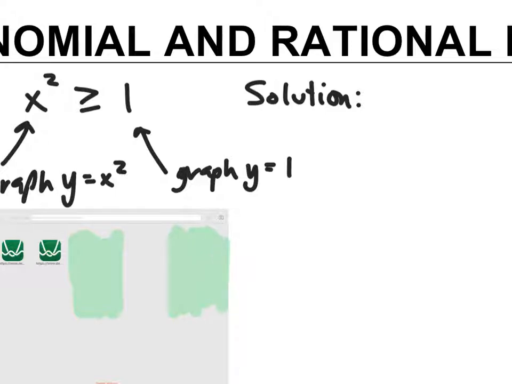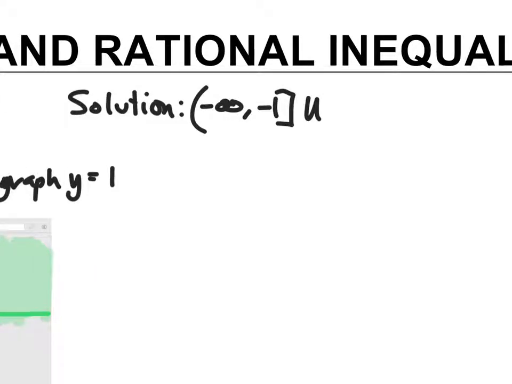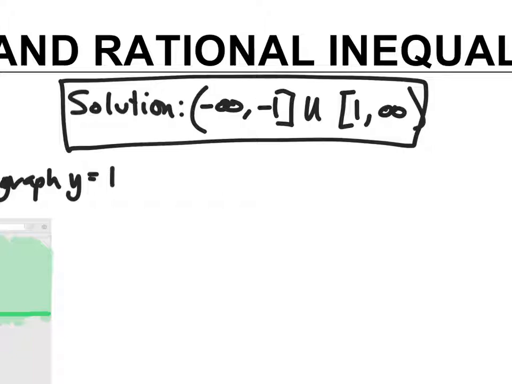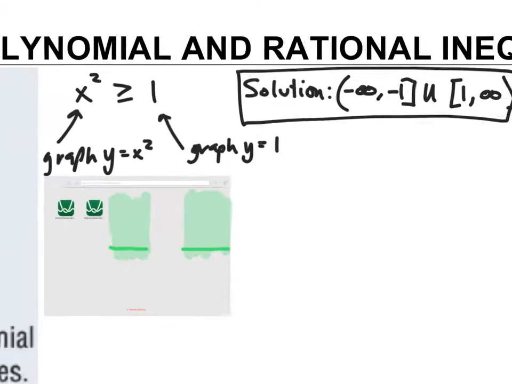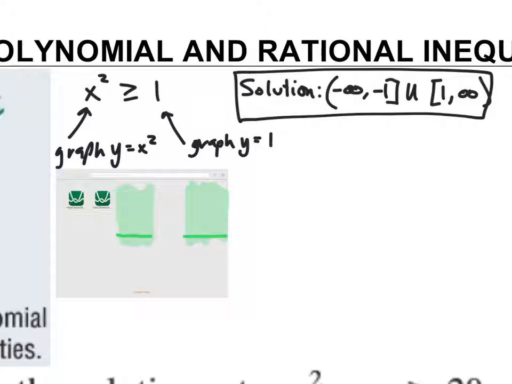So my solution would be this: we go from negative infinity to negative 1, including negative 1 because we're greater than or equal to, and then we union that with 1 to positive infinity, including 1. This is when my graph is greater than or equal to 1, and that's what we're doing: identifying the intervals at which this is true.